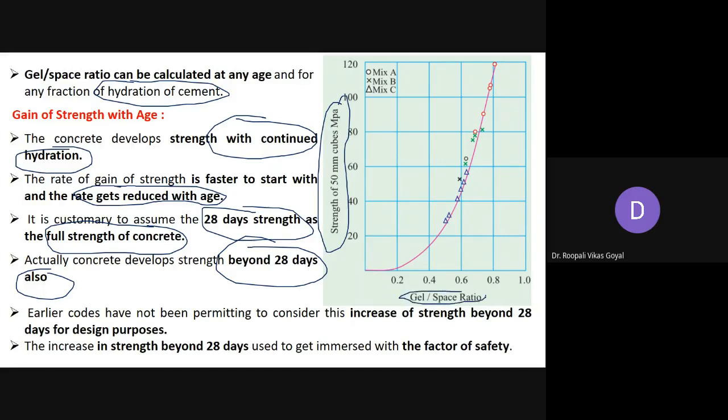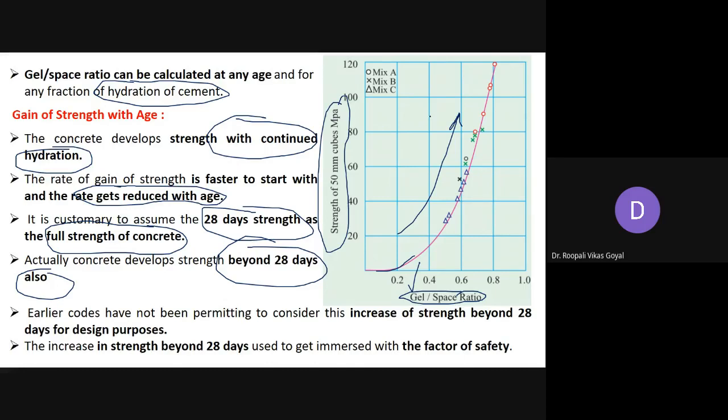If more gel is available, meaning more hydrated product per space, it gives a continuous increase in strength for all the mixes A, B, C. Many mixes of different proportions were examined, and it is observed that if the gel to space ratio increases, strength increases.